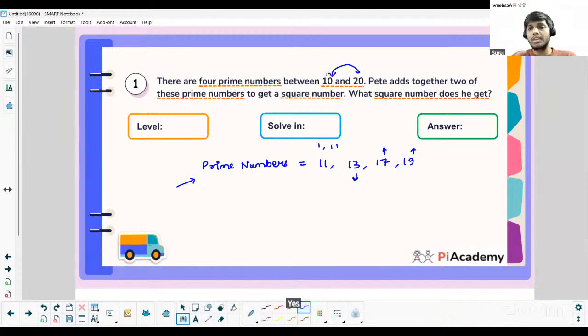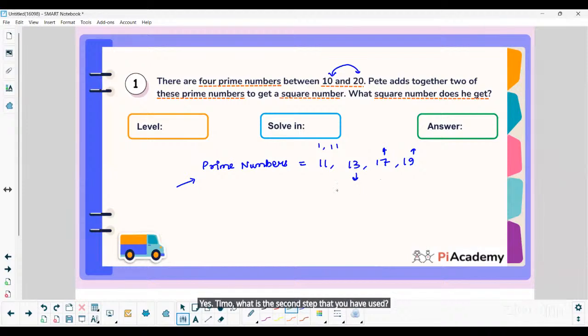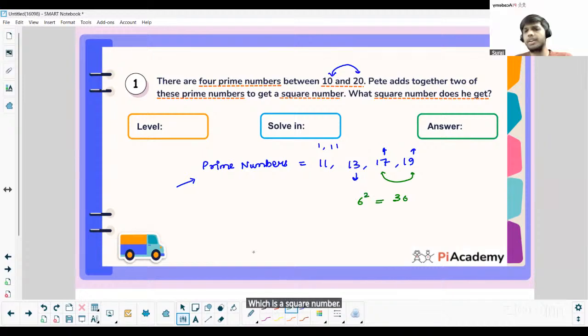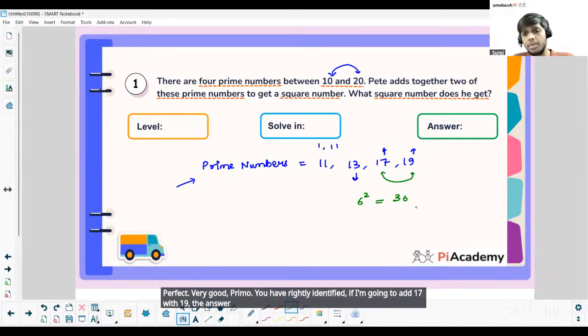Yes, Primo, what is the second step that you have used? Then I did 17 plus 19, which is 36, which is a square number. Perfect. Very good, Primo. You have rightly identified. If I add 17 with 19, the answer is 36, which is nothing but the square of 6.